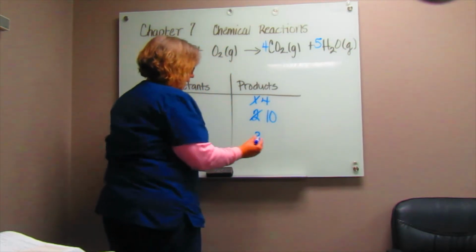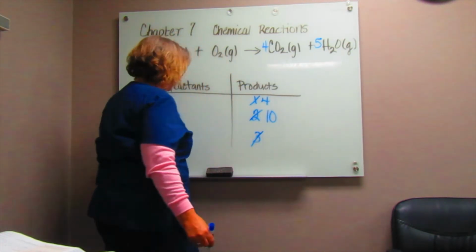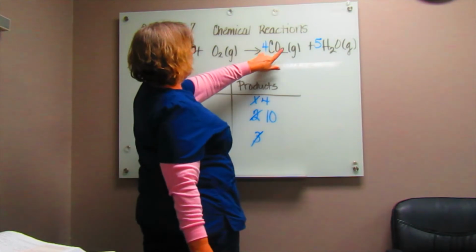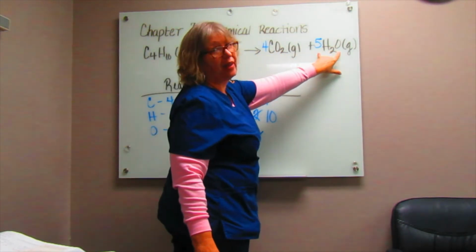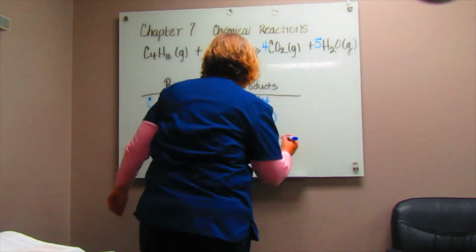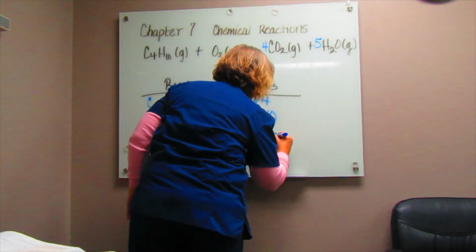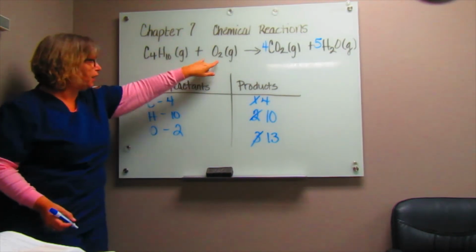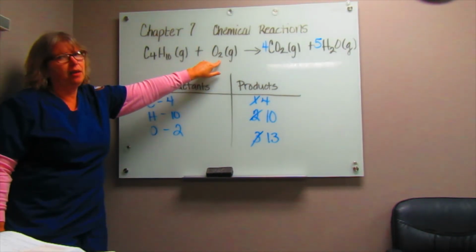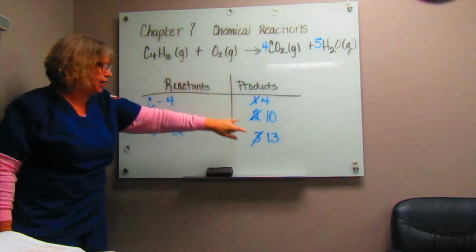So we can no longer say that we have 3 oxygens, right? We have 4 times 2 is 8, plus 5. So that gives us 13 oxygens. Okay? Now, there's not an even number that we could put in front of the oxygen to multiply by 2 to give us 13.